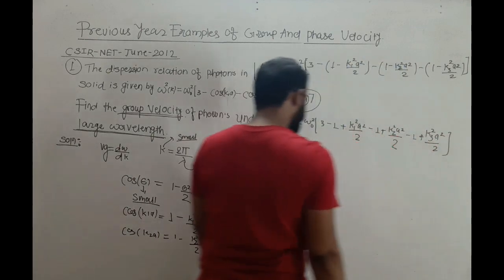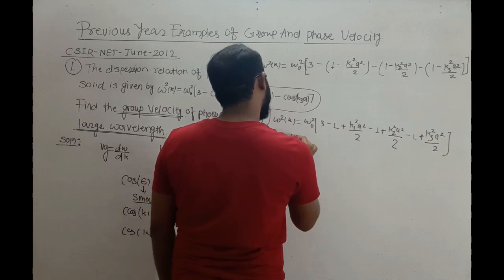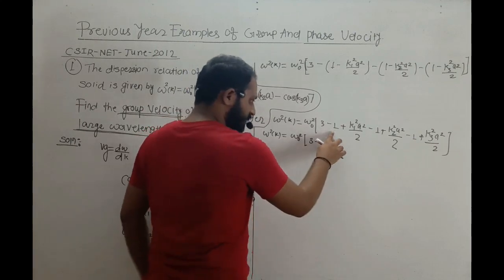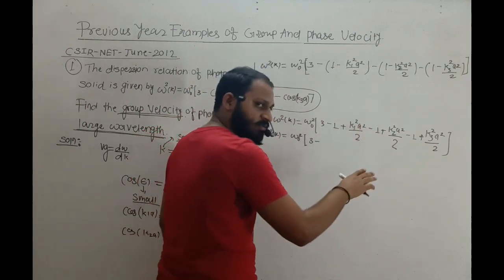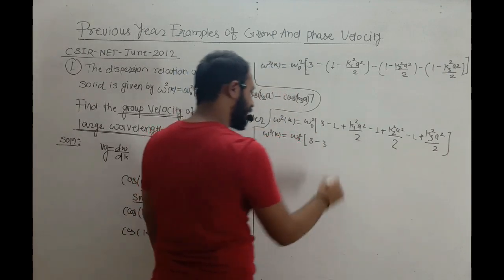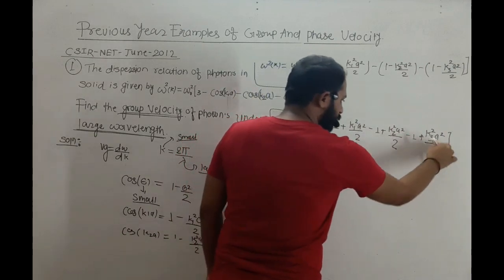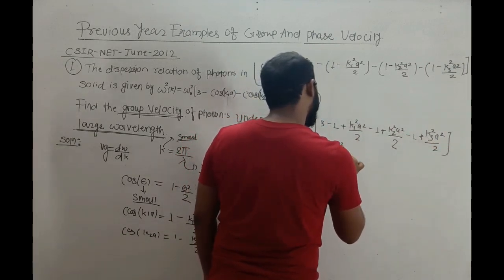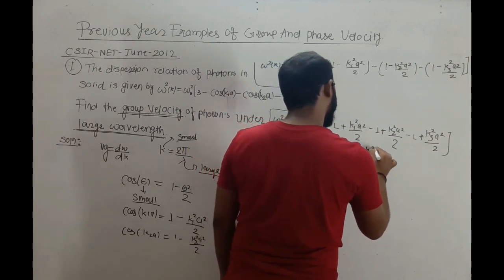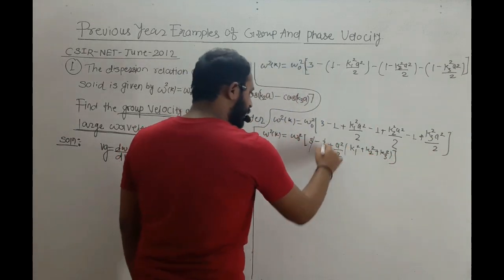Therefore omega square k equals omega naught square, as it is, 3 minus 1 minus 1 minus 1, that is 3 minus 3. Now see here, a square by 2 is common. What remains? k1 square, k2 square, k3 square. Okay, no problem, the 3 cancels.